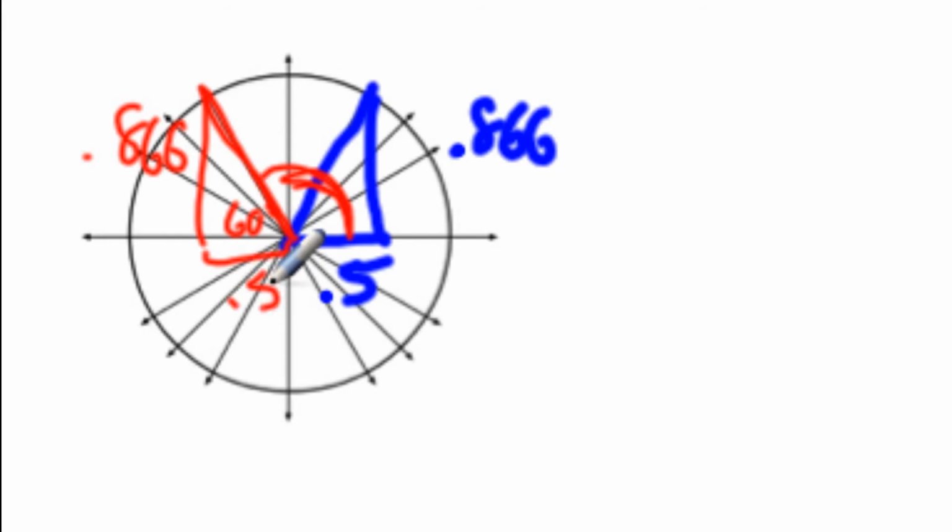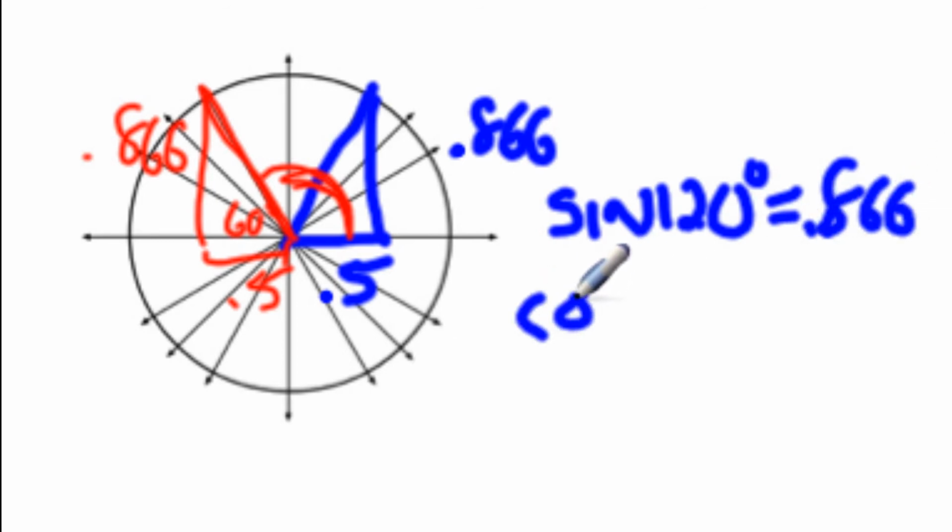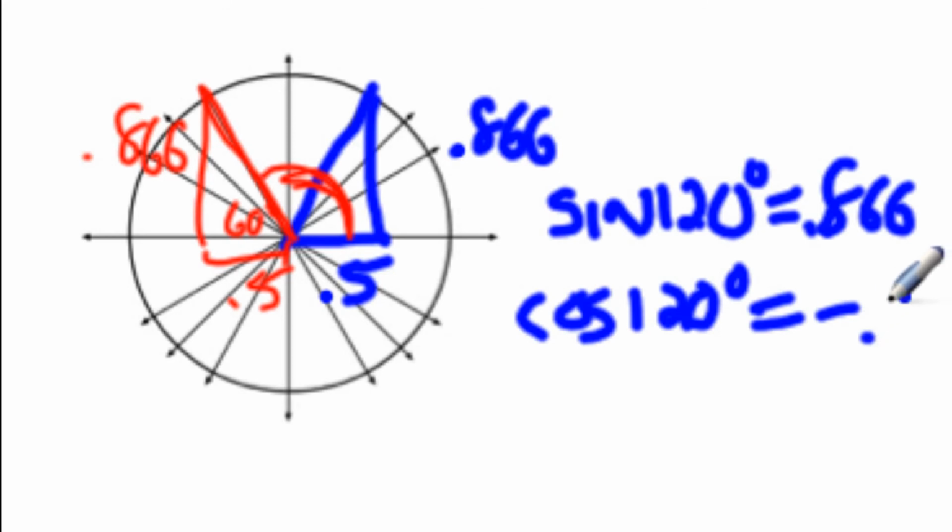It's going to be equal to 0.5, except that it will be negative. So in summary, the sine of 120 degrees is going to be equal to 0.866, and the cosine of 120 degrees should be equal to minus 0.5.